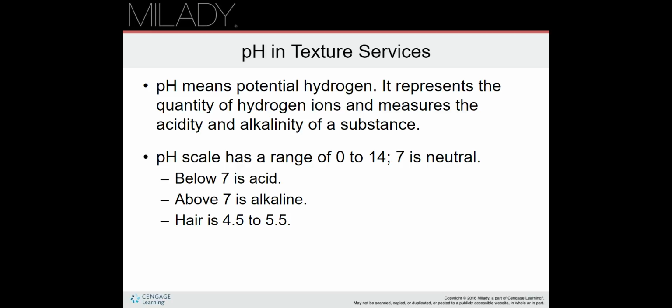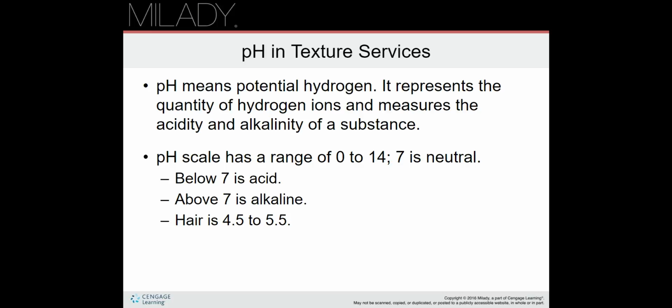Below 7 is acid. So 0 to 7 is considered acid. And above 7 is alkaline. So 7 to 14 is considered alkaline. Some might say 0 to 6 is acid and 8 to 14 is alkaline because 7 is neutral. But just remember, below 7 is acid, above 7 is alkaline, and 7 is neutral.